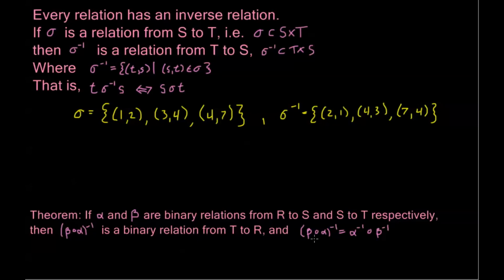And we also have that (beta composed with alpha) inverse is the same thing as alpha inverse composed with beta inverse. So let's think about what this last part means for a minute.